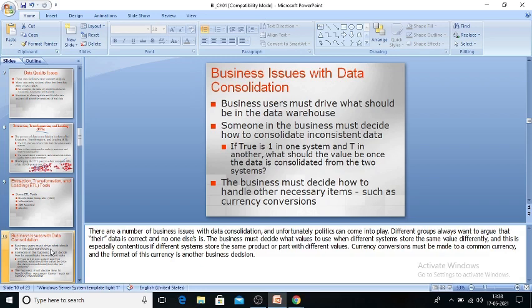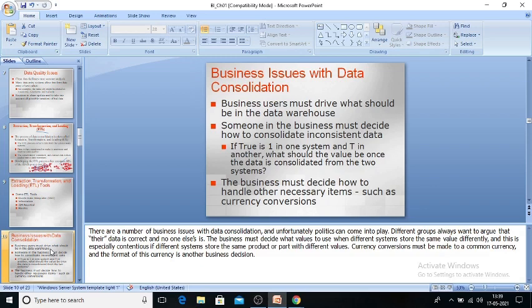See here, to store true and false, some users are using 1 for true and 0 for false. Some are using T for true, F for false. Some are writing TRUE completely for true, and FALSE completely for false. For the same thing, they are using different formats.